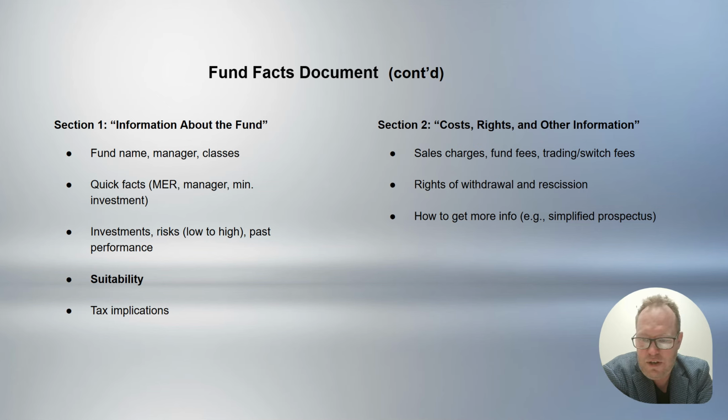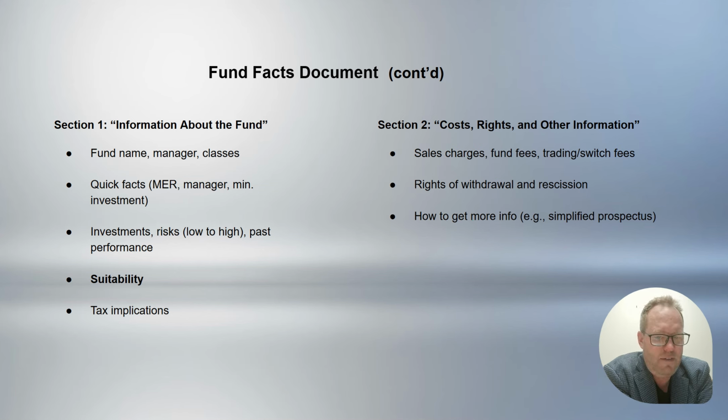The next piece of information in section 1 would be the investments, whether its risk is low, medium, or high, and past performance. There'd be a description of suitability, who would be suitable, what type of risk, what type of investor profile should be using this mutual fund, and then tax implications. Those will all be listed in section 1 of the Fund Facts document.